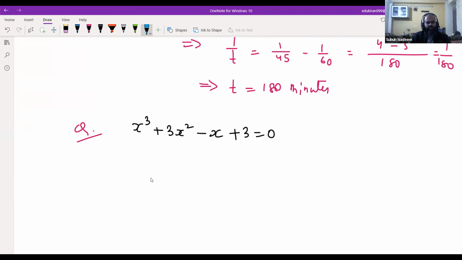If there is a rational zero, then it would be the factors of the constant, 1 and 3, divided by the factor of the coefficient of the highest power, that is only 1 here. So 1 by 1 and 3 by 1, two possibilities with a plus minus sign. So you check whether they can be the roots of this.